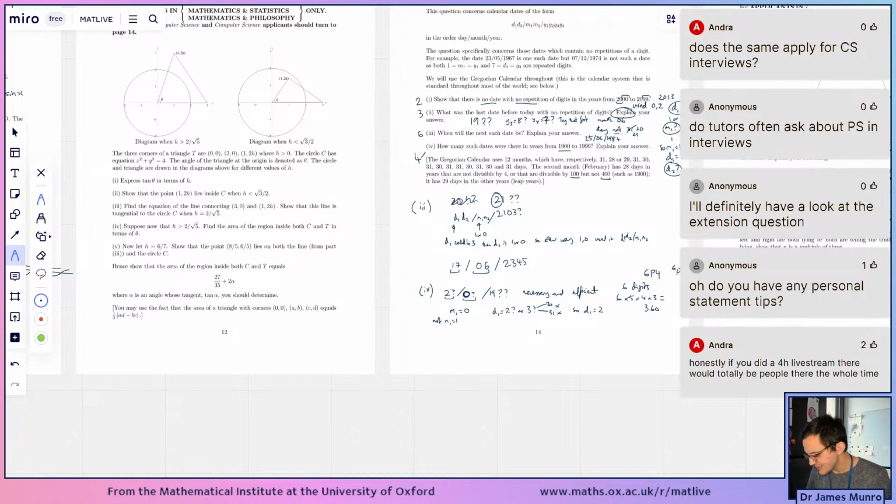Broadly the same for CS. CS have also got a plan to ask you some relatively mathsy questions. You should imagine it being as kind of maths experience. I'll set you up well, I think. I don't know how much computer science interviews might want to talk about your previous experiences. Possibly.